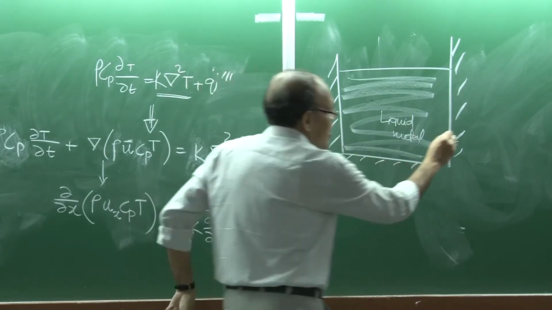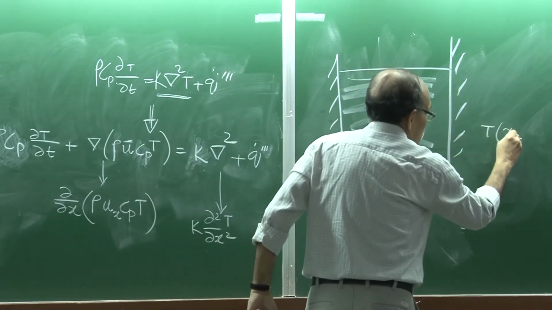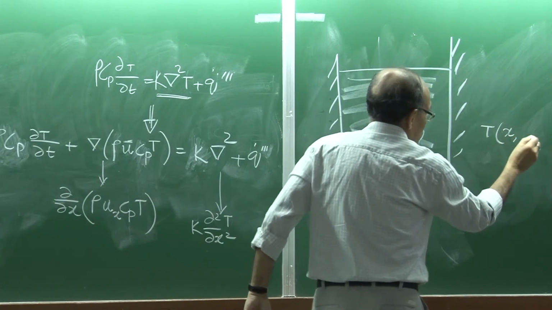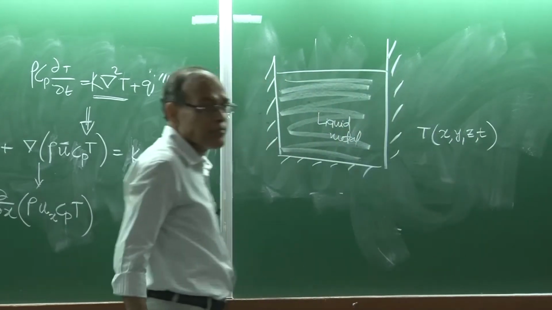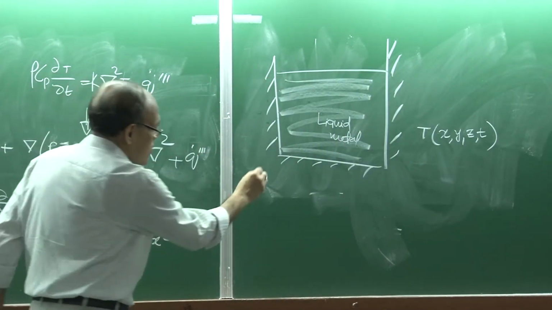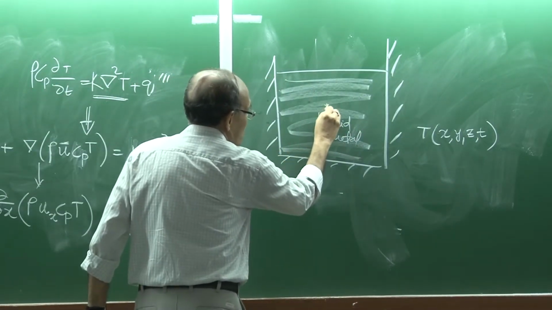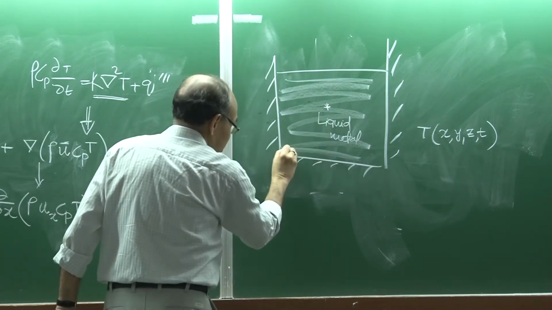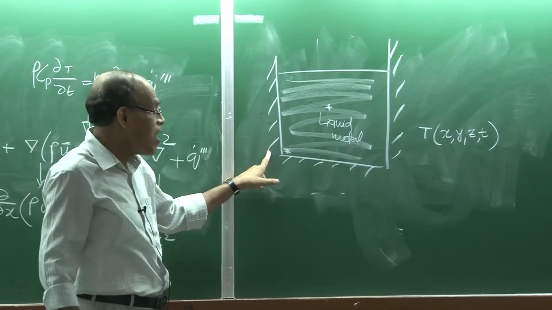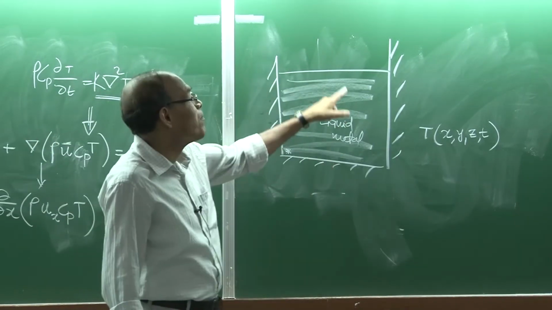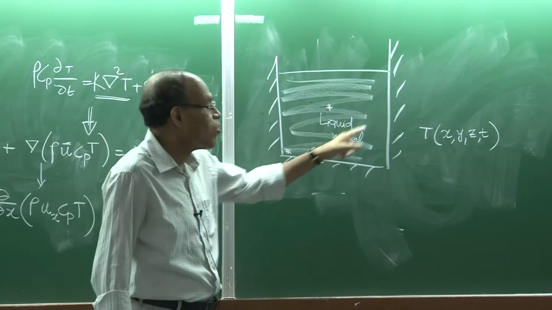So, this temperature is going to be a function of x, y, z and t. At any point the temperature here is going to be higher than the temperature here, because this is closer to the wall through which the heat is being extracted, but nonetheless there is going to be a temperature distribution in the system because of the heat loss.